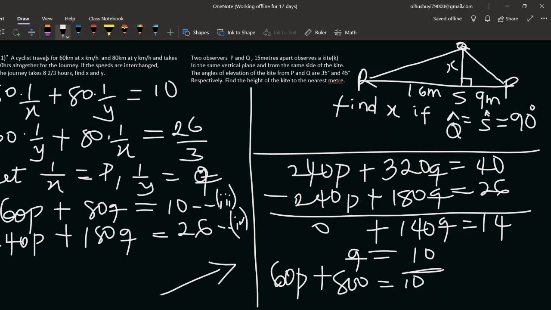Okay, I think something is fishy there. 60p plus 800 equals 10.